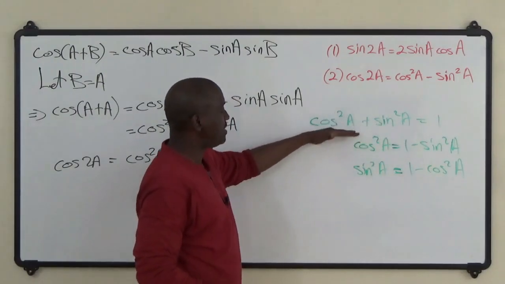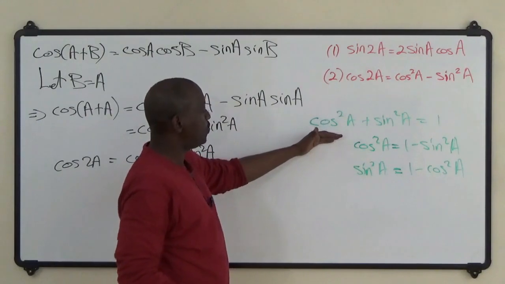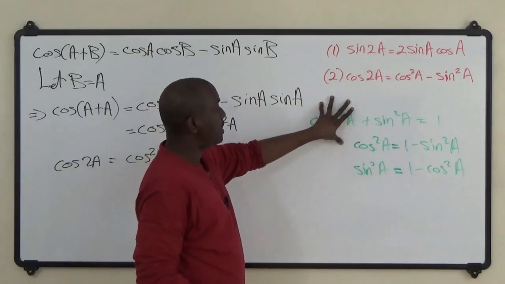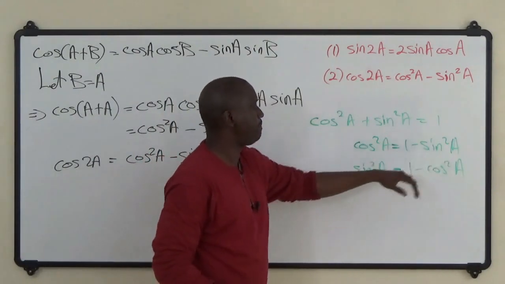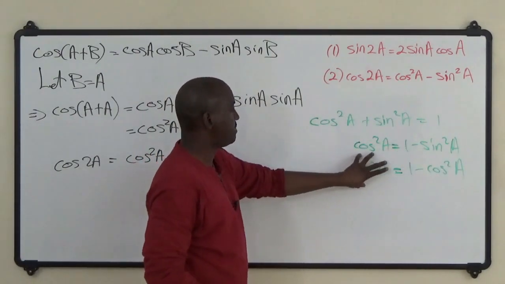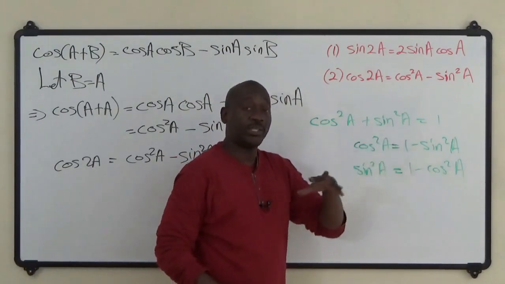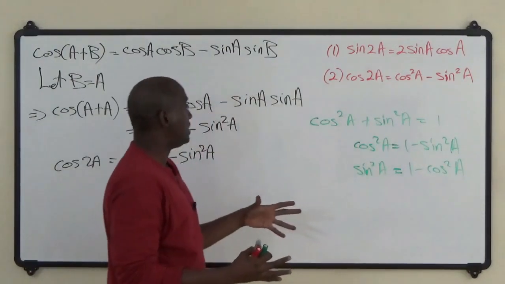And as part of using this, you have to be able to know that if you make cos squared a the subject of the formula, you'll simply get 1 minus sine squared a. And if you make sine squared a the subject of the formula, you'll simply get 1 minus cos squared a. Now I'm going to bring the thing out a little further now.